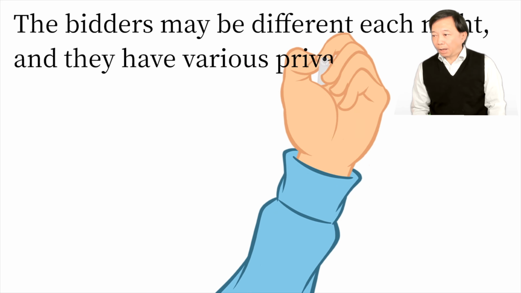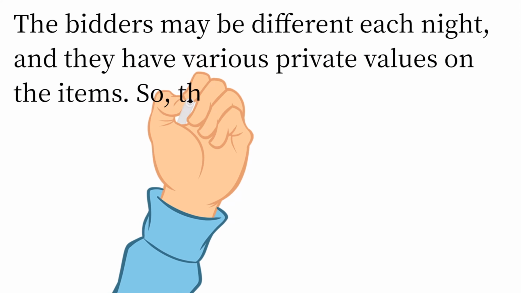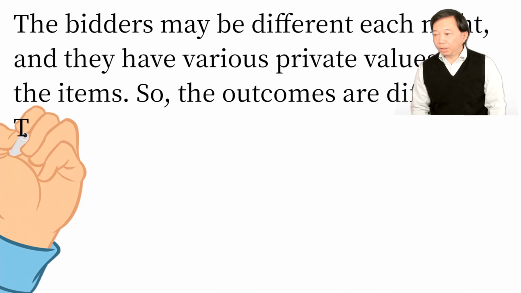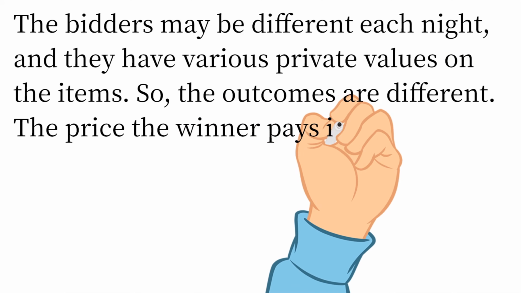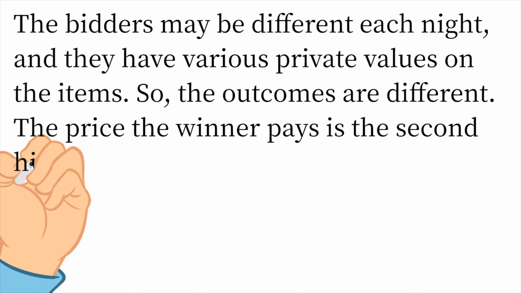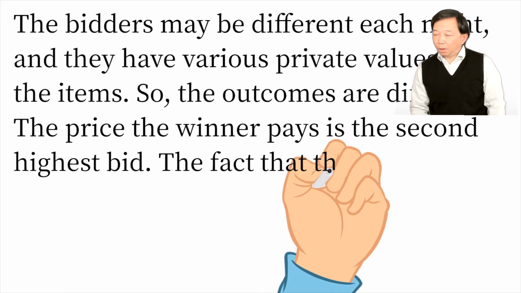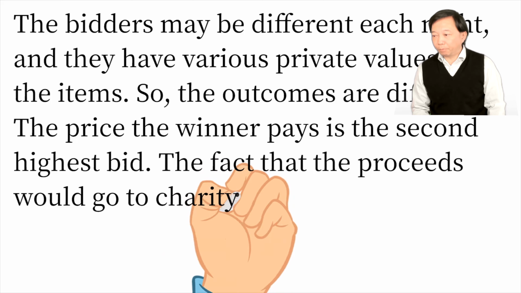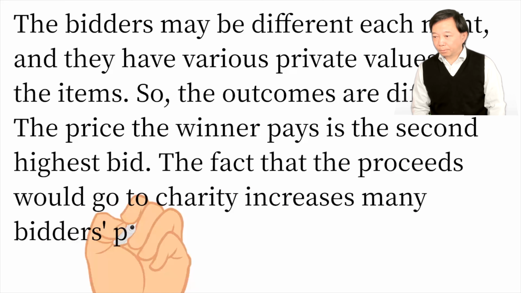So the outcomes are different. The price the winner pays is the second highest bid. The fact that the proceeds would go to charity increases many bidders' private values, and therefore might raise the bids.